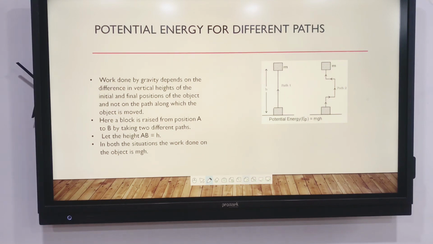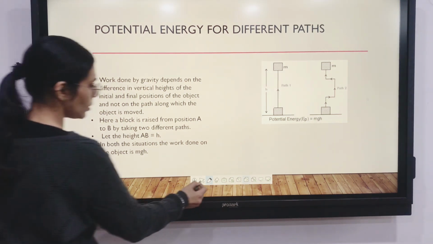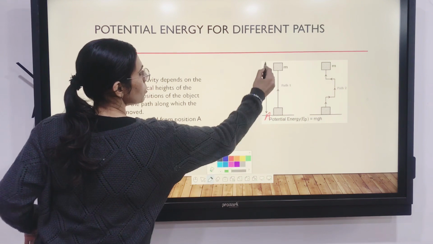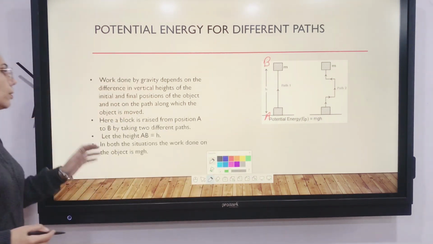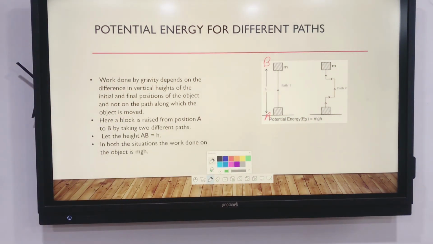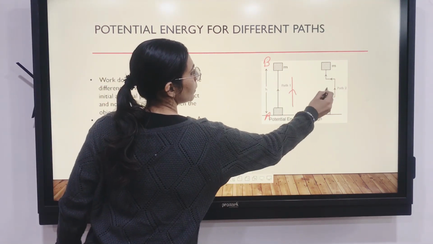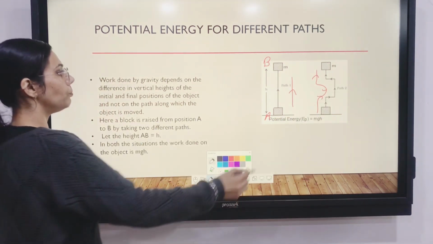Here a block is raised from position A to position B by taking two different paths: one is the straight path, and the other is a different path.